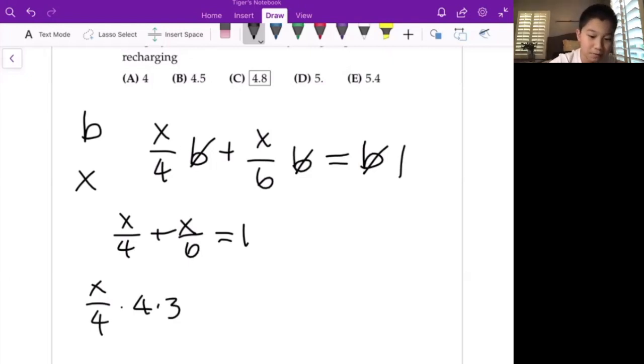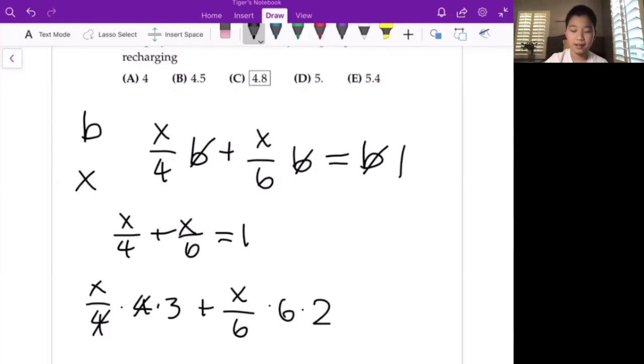So these two 4s cancel. One is in the numerator, one is in the denominator. And then plus X over 6 times, well, this time we can write 12 as 6 times 2. And that's equal to, don't forget to multiply the other side by 12, that's equal to 12.